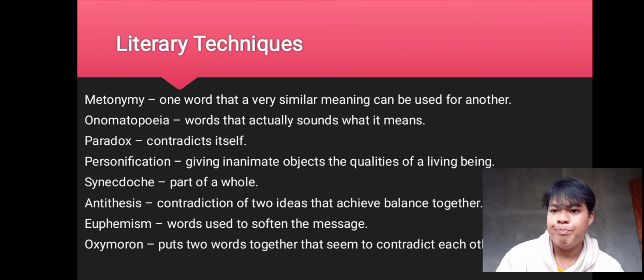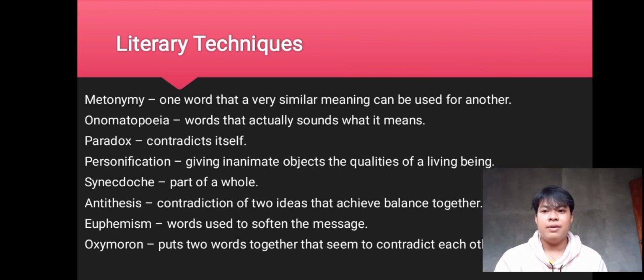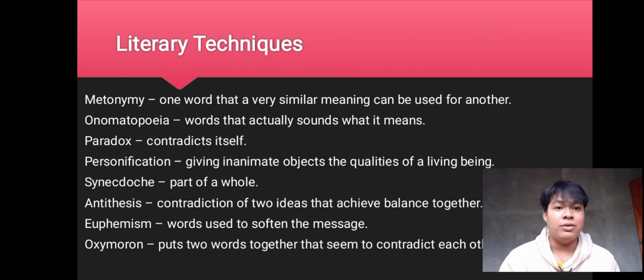First, we have no pain, no gain. As you can see, it pairs opposite or contrasting ideas: without pain, you cannot gain something. To simplify, if you don't work hard, you cannot gain something from it. That is what antithesis is all about.